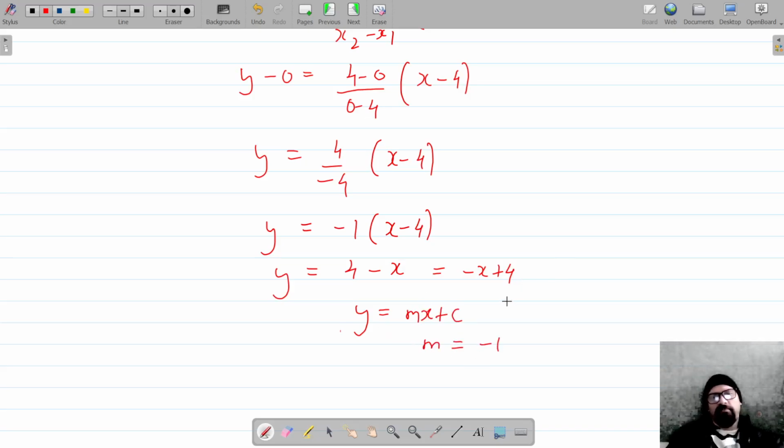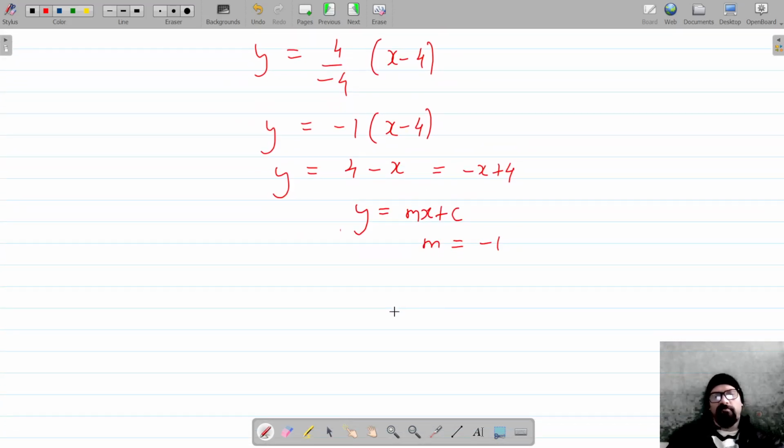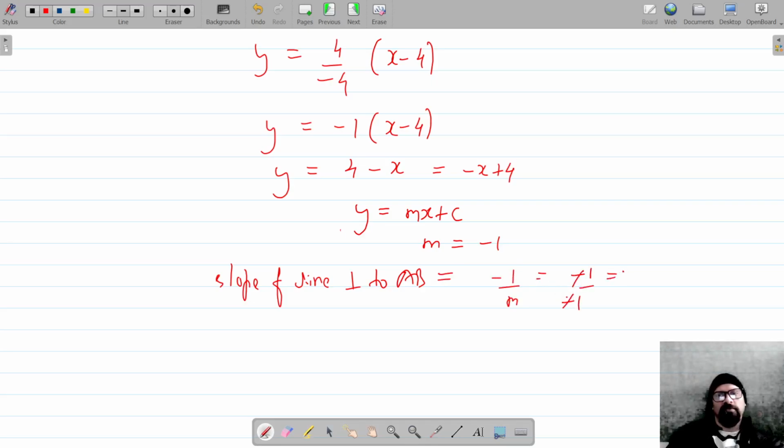Now, if two lines are perpendicular, then the product of their slopes is equal to negative 1. So m1 into m2 should be equal to negative 1, so the slope of the line perpendicular to AB should be equal to negative 1 upon m, which gives us 1.